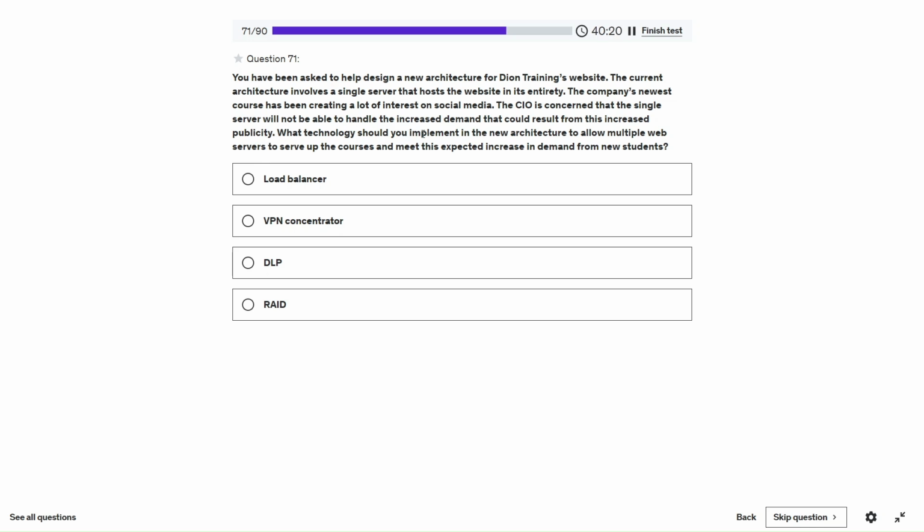What technology should you implement in the new architecture to allow multiple web servers to serve up the courses to meet the expected demand? You always need to go for balancing in this type of scenario. If you have different regions, your data will go from this server to another region from the second server, but the same data will be served, so you are balancing it. It should be a load balancer.